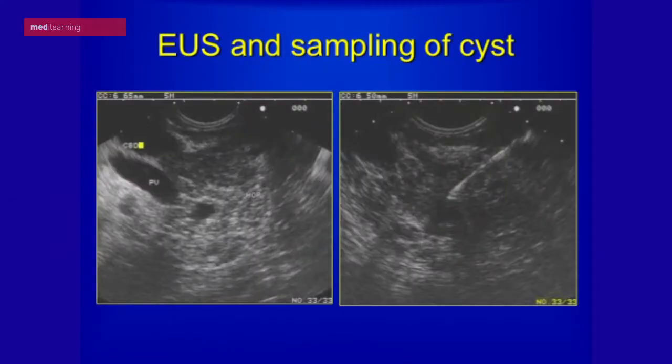Basically, endoscopic ultrasound, as I said, is an ideal opportunity to look very closely at small lesions, but more importantly, to take out fluid from the cyst and to send it off for CEA. If you only get a small amount of fluid out, you don't really want to waste that fluid sending it off for amylase or sending it off for cytology.